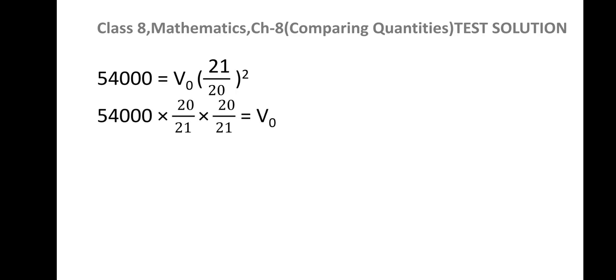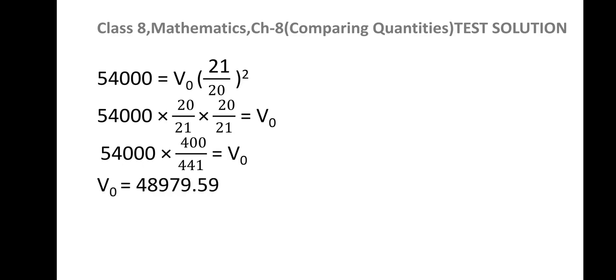And this 21 over 20, when it is shifted to the left hand side, it will be 54,000 into 20 over 21 into 20 over 21, that will be equal to V naught. So it will be 54,000 into 400 over 441 is equal to V naught, as 20 square is 400, 21 square is 441.